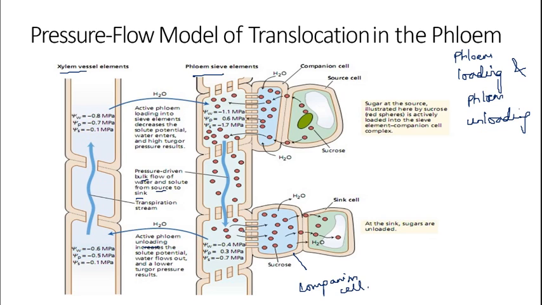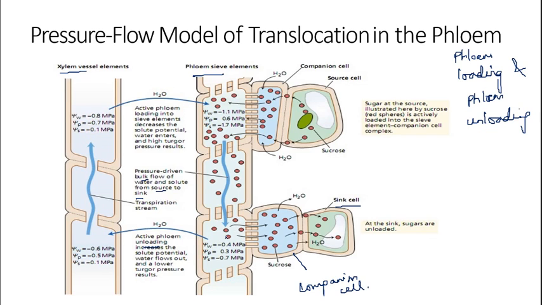The water is leaving the phloem, and the solute is entering the sink cell. Since the solute is entering the sink cell, we can say that the phloem is now unloaded. When the solute is coming to the sieve tube, we say phloem is loaded. When the solute is going away from the phloem, we say that phloem is unloaded.